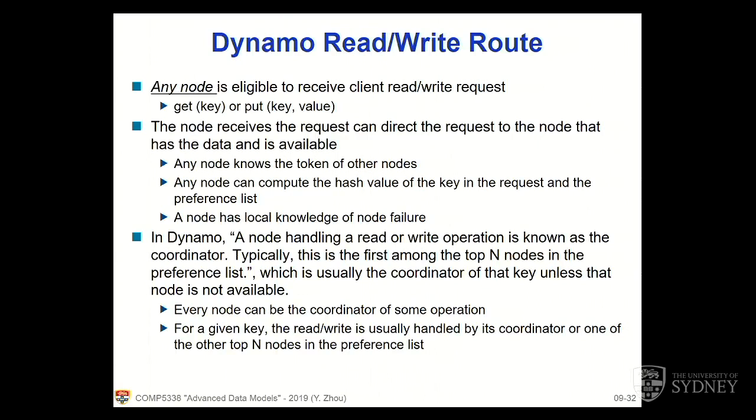But most of the time, the same node works as the coordinator of the same key. So every node is the coordinator of some operations, for the keys it is responsible for. And for a given key, it's usually handled by the same node, unless it's not available.